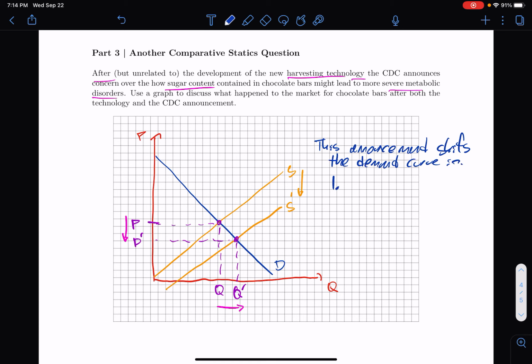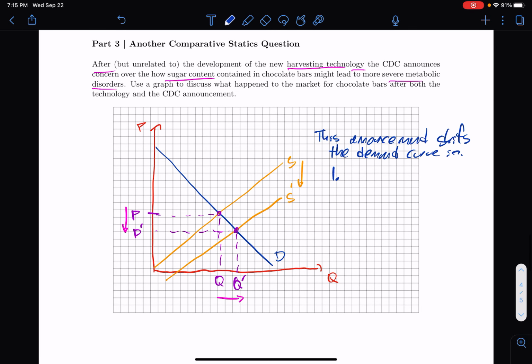And then we'll talk about its effects. So preferences have changed. Willingness to pay is lower. So we get this shift in of the demand curve, and we'll call this D prime. Or we could call it D double prime. It doesn't actually matter.